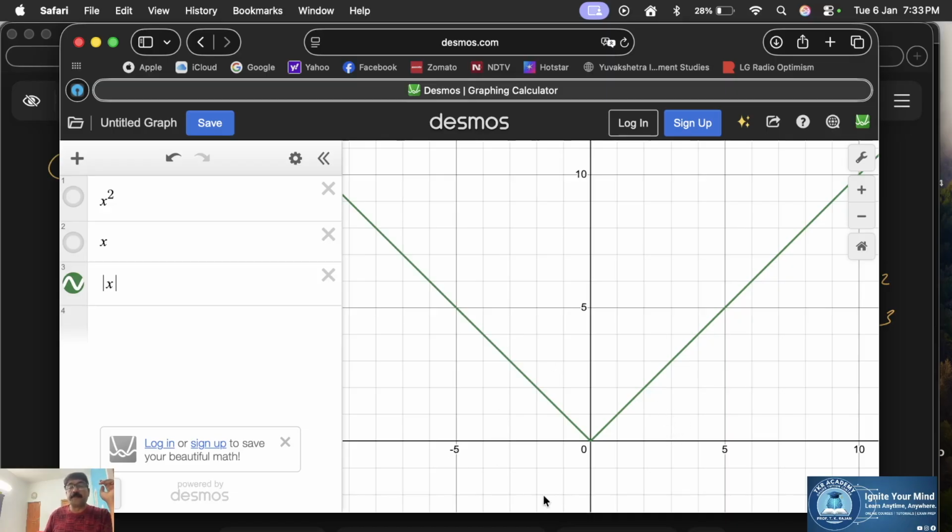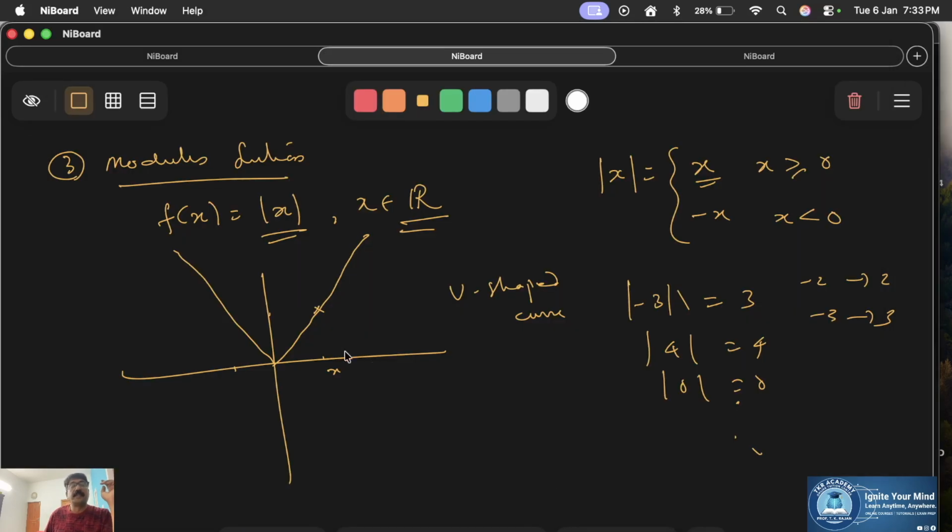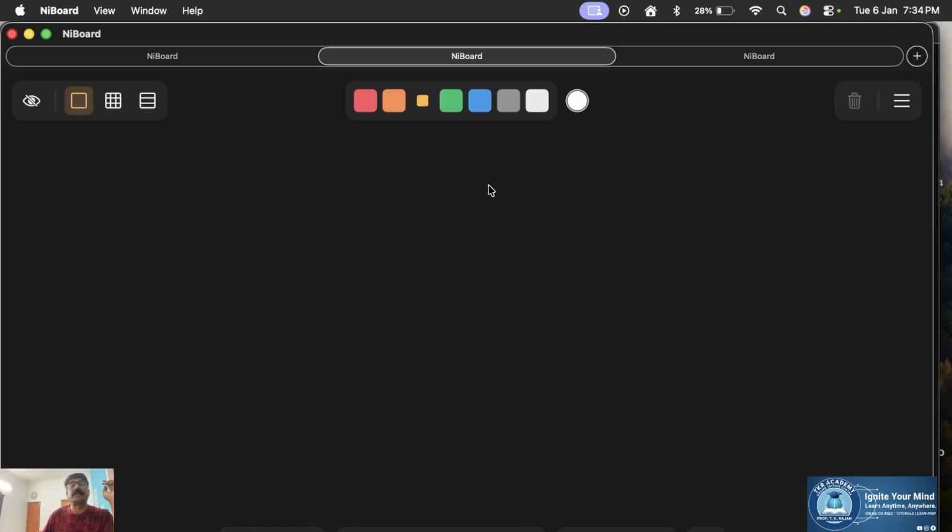Okay, now let us take another important example. f(x) is equal to e raised to x, exponential function is there, logarithmic function is there. Now a constant function let us take, that is the fourth one.